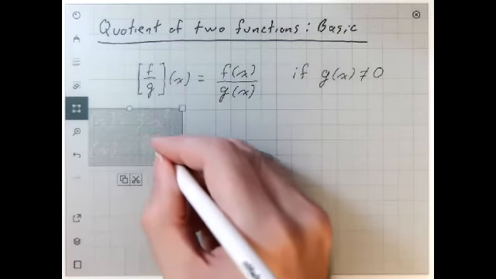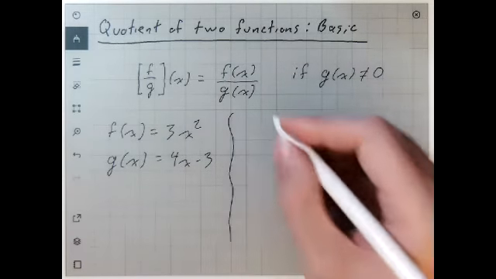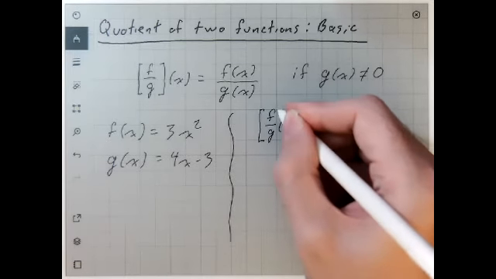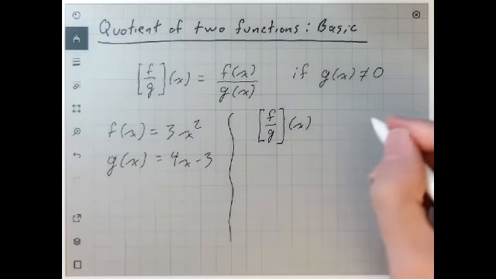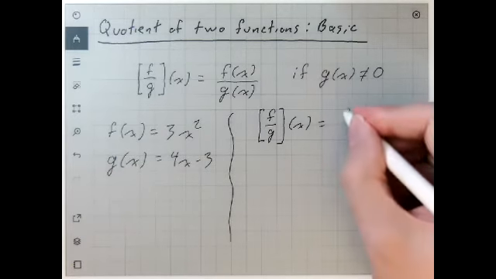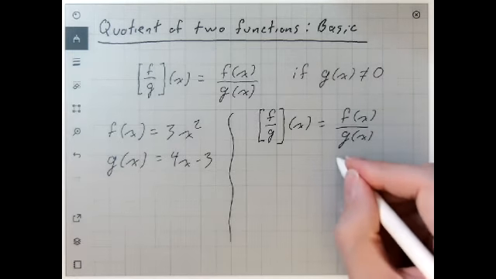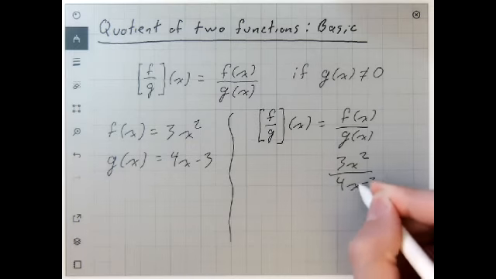If I take a look at a couple of example functions, f of x here is 3x squared, g of x is 4x minus 3. Then if I want to look at f over g of x, I can do that as f of x over g of x, which is 3x squared over 4x minus 3.